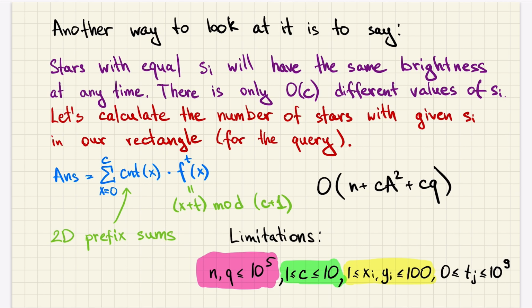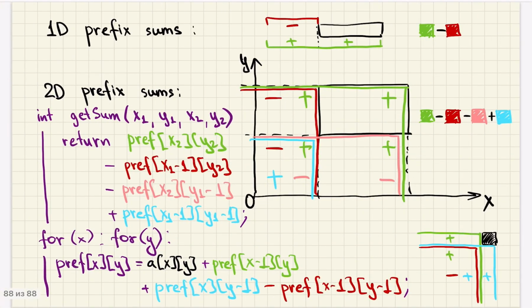And since I guess this video is targeted at more beginner level, let's talk about what is two-dimensional prefix sums and how to do them. So in one dimension, just to recap and try to construct something similar for 2 dimensions.